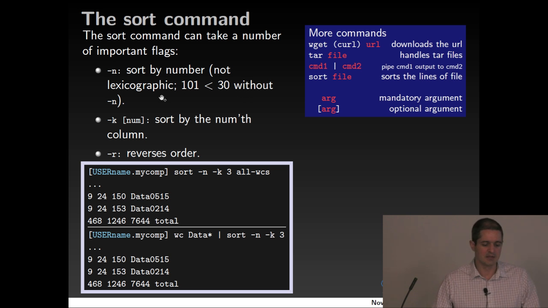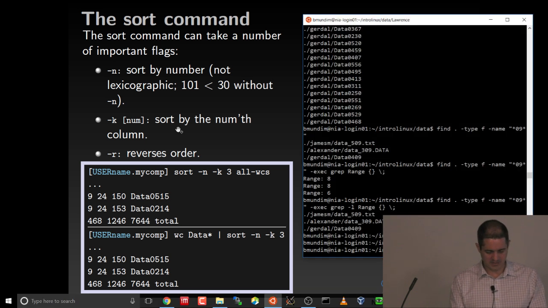That's the reason we use dash n. Then we can use dash k with a number, which will sort by that column number. And dash r will reverse the order, so instead of ascending it goes descending, just reverse order. So let's type it in the command, the example here, where I am.